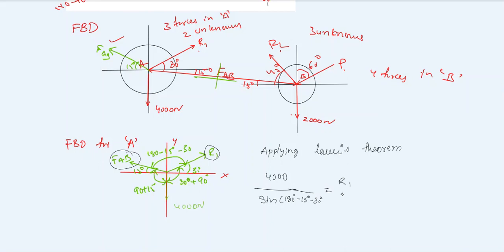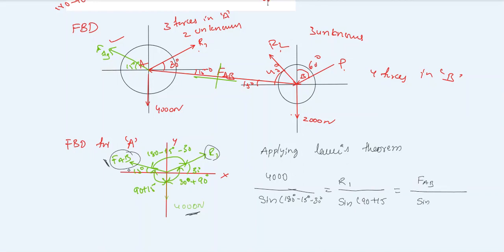so let us write R1 divided by sine. So other than R1, we have 4000 Newton and FAB. The angle between these two forces is 90 plus 15. Similarly FAB, so FAB divided by sine.